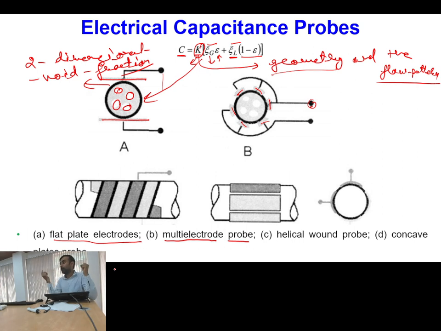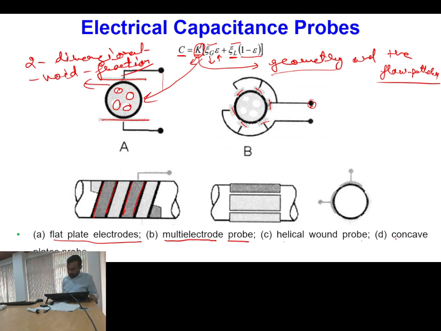If you want to apply this system for volume averaged void fraction, you need to extend these probes along the length. So we have this helical wound probe, with one set of electrodes and another set of electrodes wound helically along the length of the pipe.